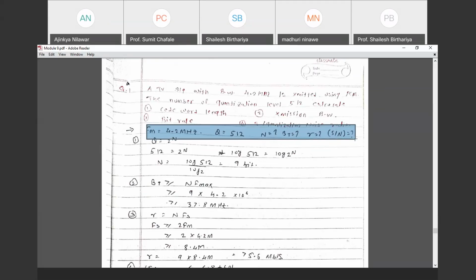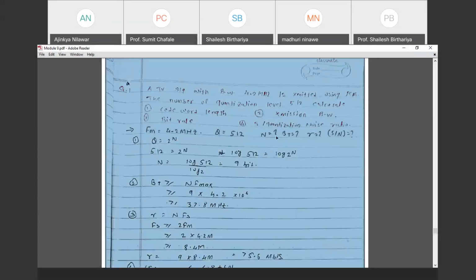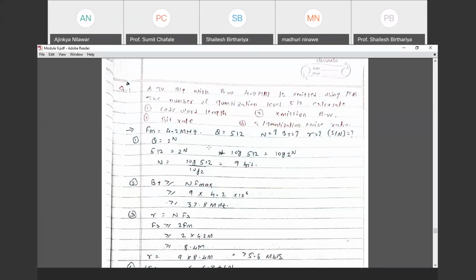So what is given? The first thing we have to calculate is N. We have the formula Q is equal to 2 raised to N. Just put the value 512 equals 2 raised to N. Then take a log, and we will get the value of N as 9 bits.